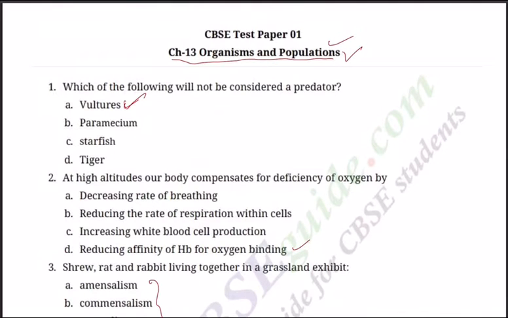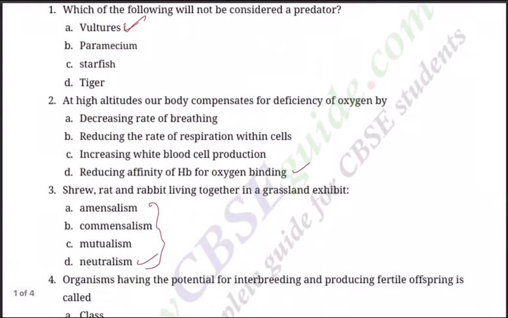Question 2. At high altitudes, our body compensates for deficiency of oxygen by A. Decreasing rate of breathing, B. Reducing the rate of respiration within cells, C. Increasing white blood cell production, D. Reducing affinity of hemoglobin for oxygen binding.